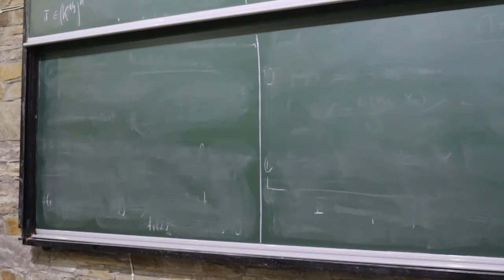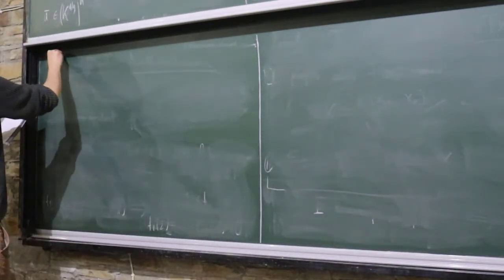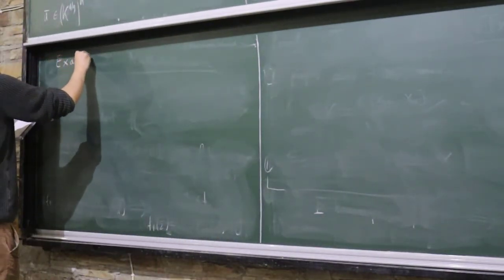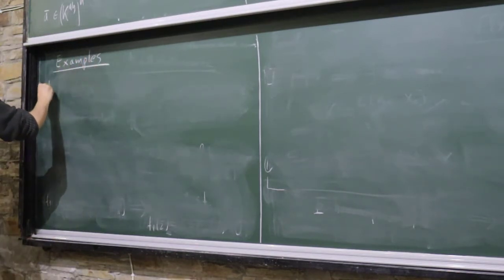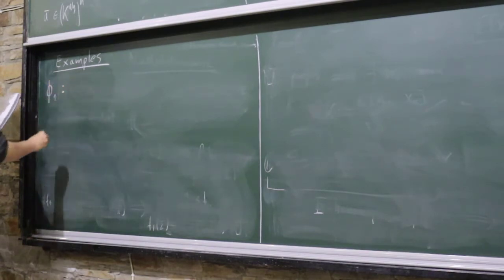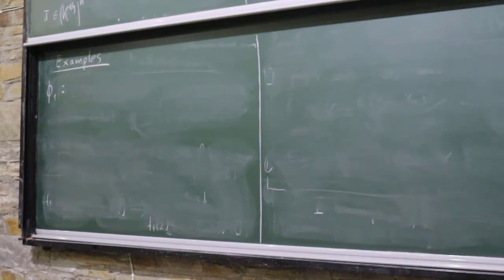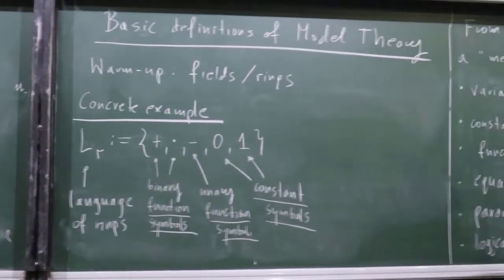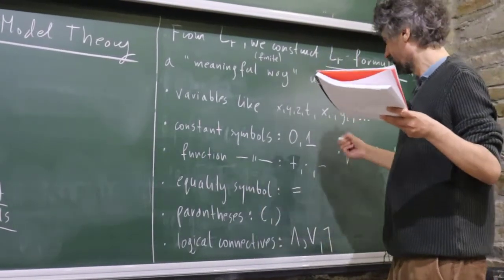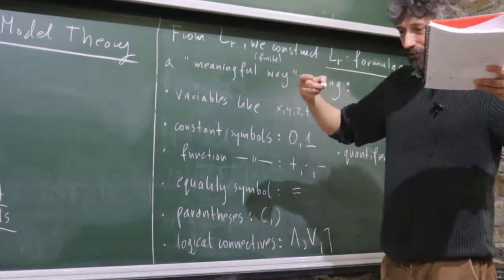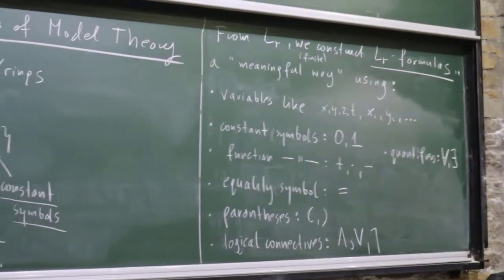What are my examples? Yes, so we can do all such things. And I hope you understand what is a meaningful way. So for example, we should not start with a right bracket, but with a left bracket. We should use a binary function symbol to connect two things, not three things, and such things.